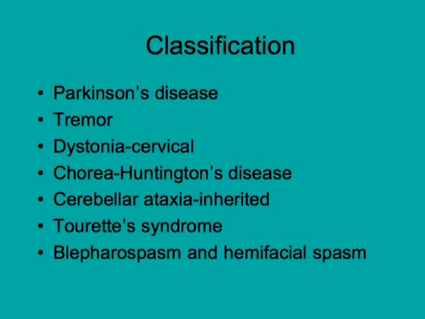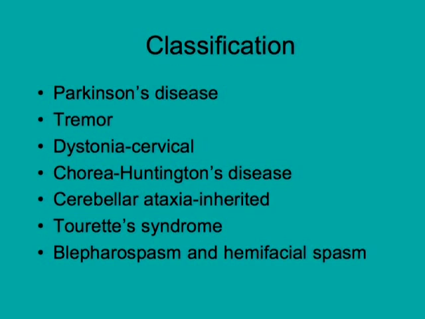Cerebellar ataxias are disorders which are mainly genetic. The genes are not developed right. Cerebellum, which is the back part of the brain, does not develop right, and people can have movement disorders. Tourette syndrome.